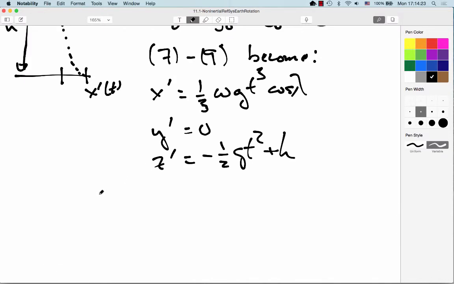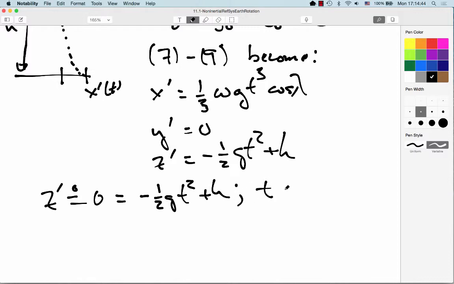So to find the drift, we're going to go ahead and set z prime equal to 0, so 0 equals minus 1/2 gt squared plus h, and that will give us t is equal to the square root of 2h over g.